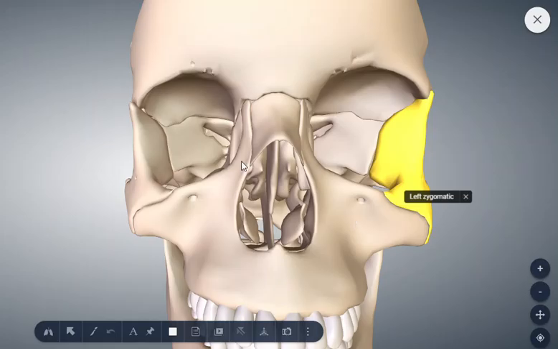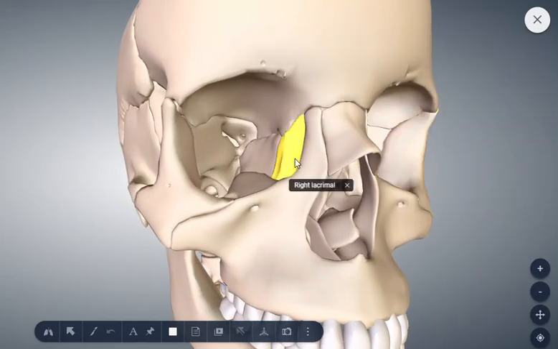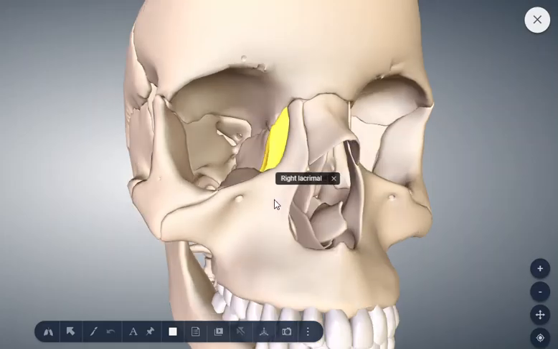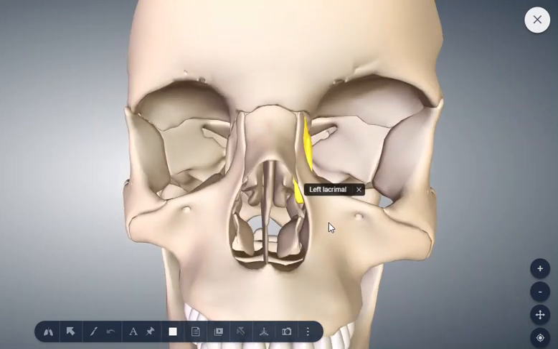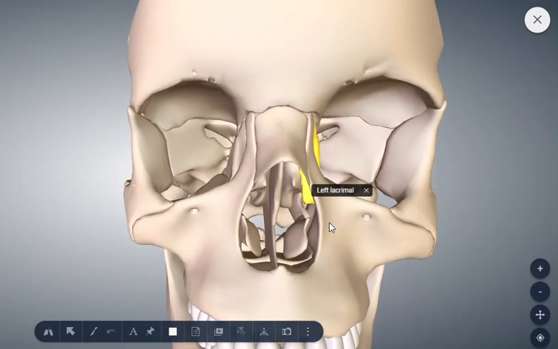But also the inner lateral walls are conformed part by the ethmoidal bone and part by the lacrimal bone, right and left, of course, because it's a paired bone. The ethmoid is a single bone.